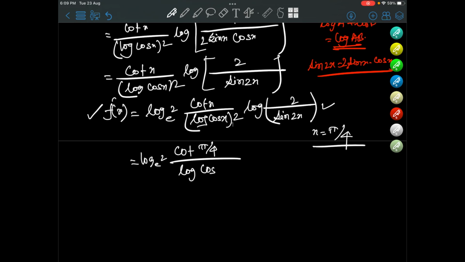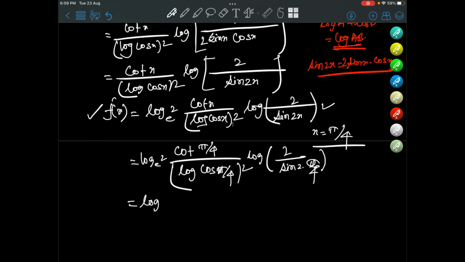So log of (cos pi by 4) whole square over log of 2 sin (2 into pi by 4) equals log e base 2 cot pi by 4, which equals 1.